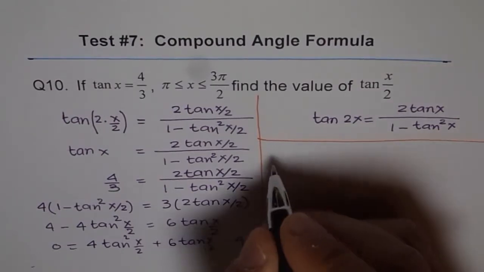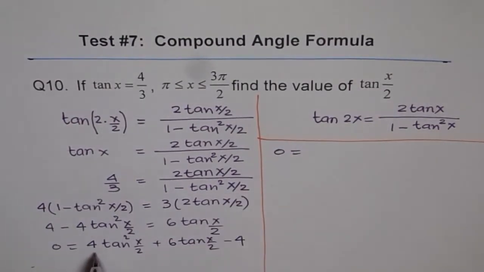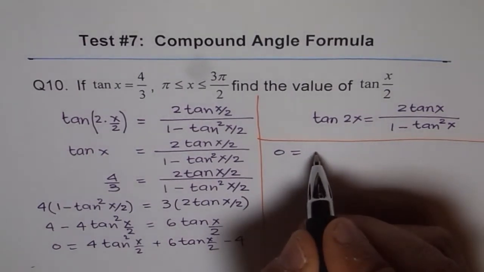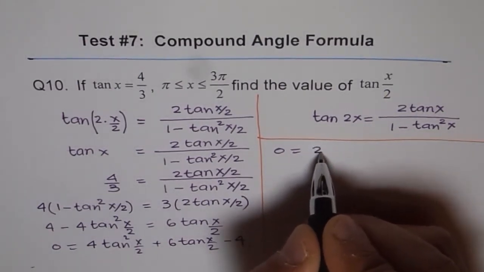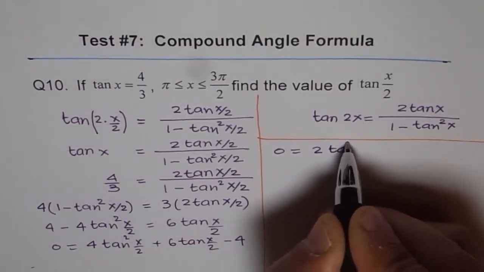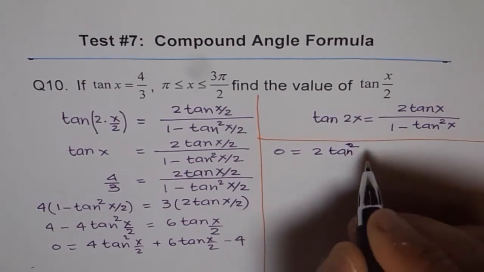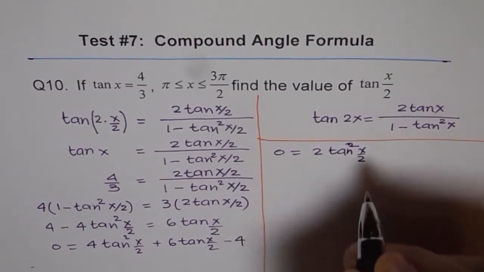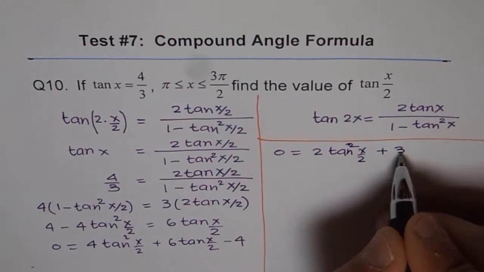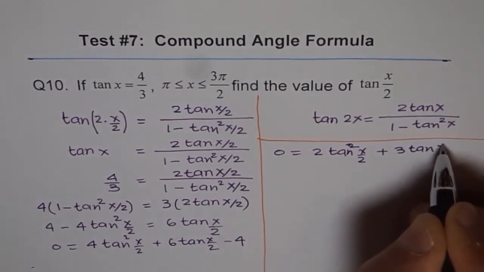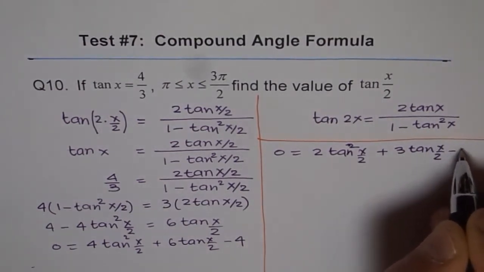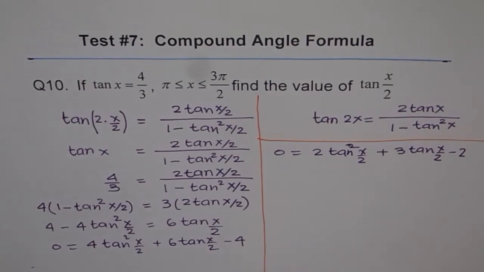So we get 0 equals 2 tan square x by 2 plus 3 tan x by 2 minus 2, correct? So that is what we get.